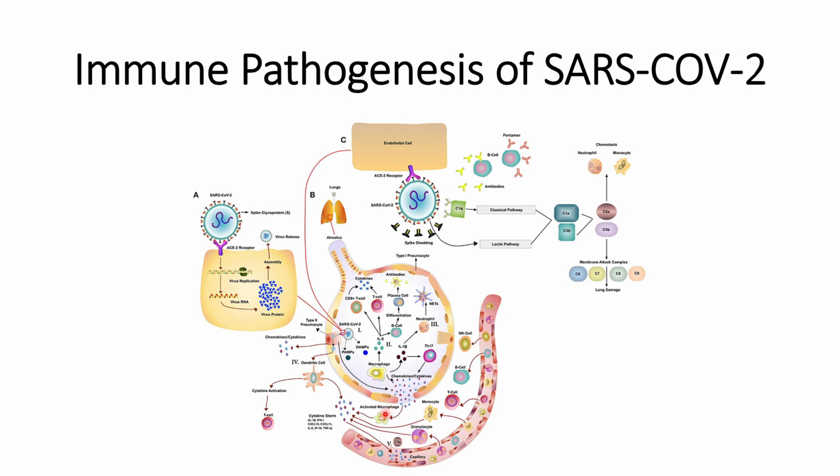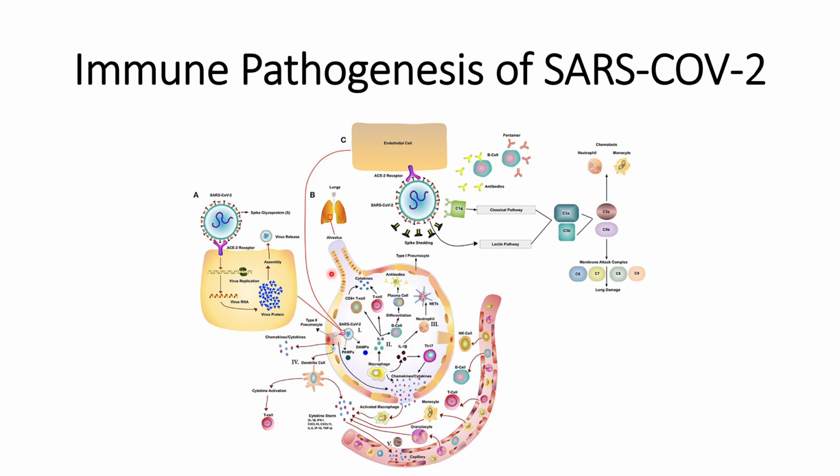And these activated macrophages will continue to release chemokines and cytokines in the extracellular matrix. The activated macrophages release the chemokines not only in the extracellular matrix but also within the cells.